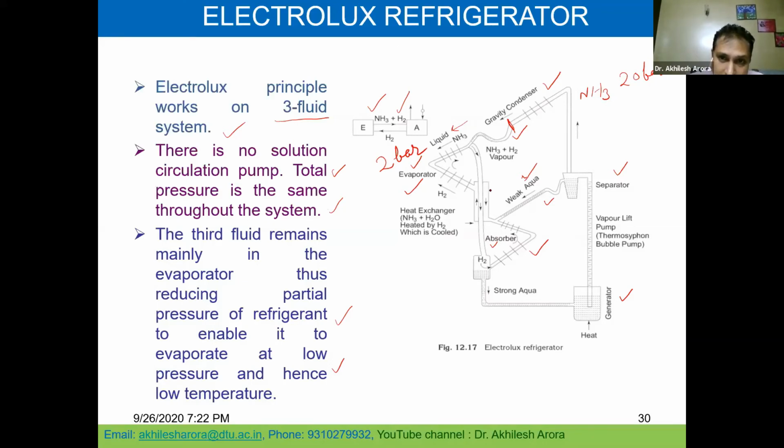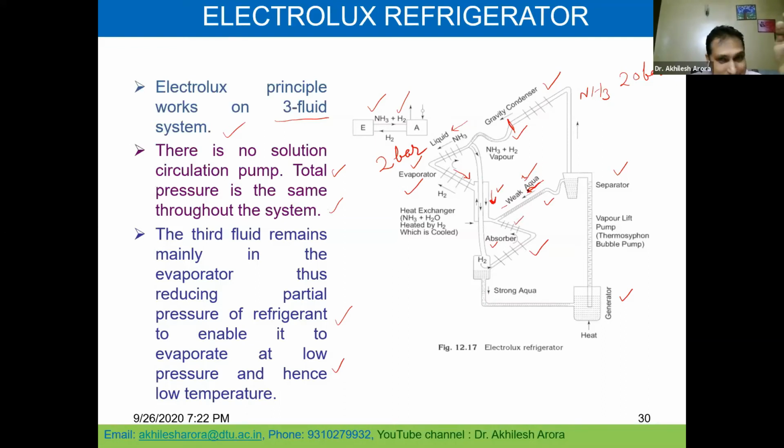And in this section, the ammonia vapors after passing from the evaporator are going down, and here you can see there is weak ammonia coming from the generator section, passing from the separator. This weak aqua ammonia and the ammonia in vapor form at this location mix and pass through the absorber.